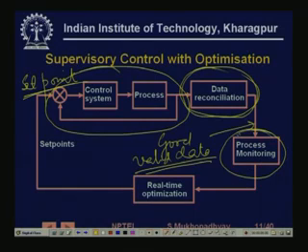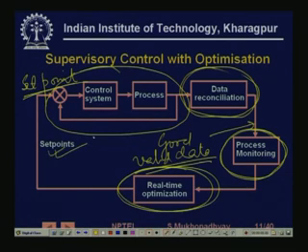So, various features of process operation can be computed, and based on that you get an idea as to whether your process is working fine, or whether it needs a new set of set points, that is, another cycle of real time optimization will have to be done to generate new set points. So, this is typically the way in which the supervisory system is always looking at the plant and then carrying out optimizations based on set points.